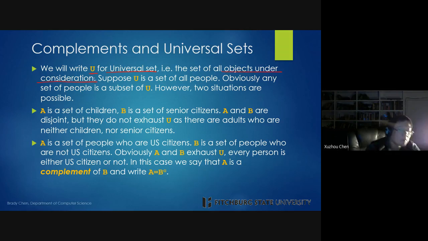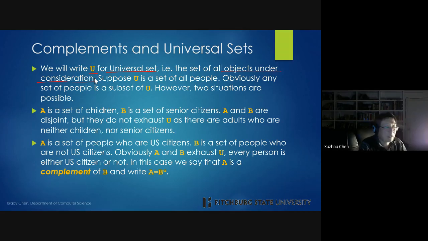We define it as all objects under consideration, or all objects in our domain, in the topics we just talked about.